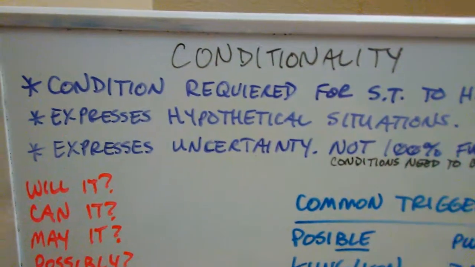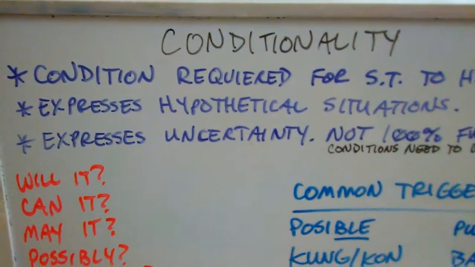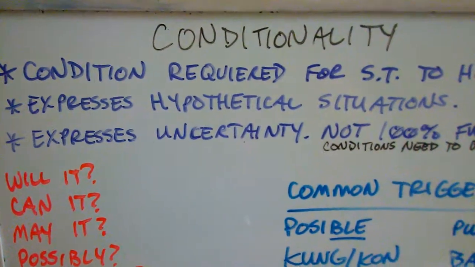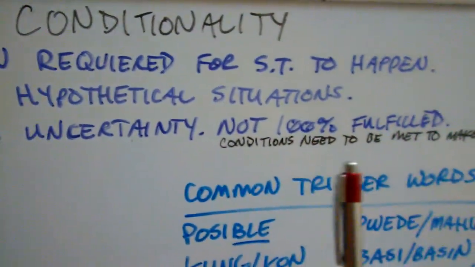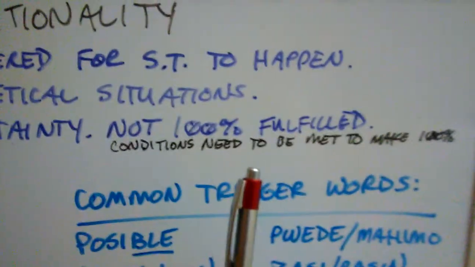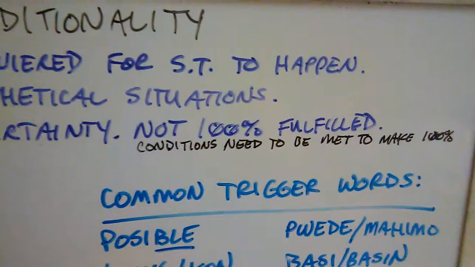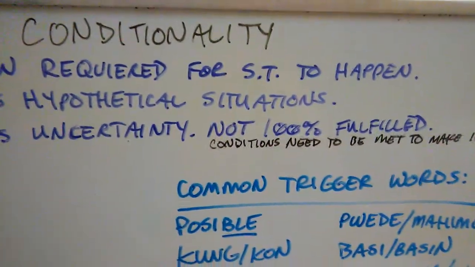Or certain. That's the key word there, certainty, which gives us the next point: it expresses uncertainty. So it's not going to be 100% fulfilled. So how do we make it 100% fulfilled? Well, conditions need to be met in order for it to be 100% fulfilled, okay?